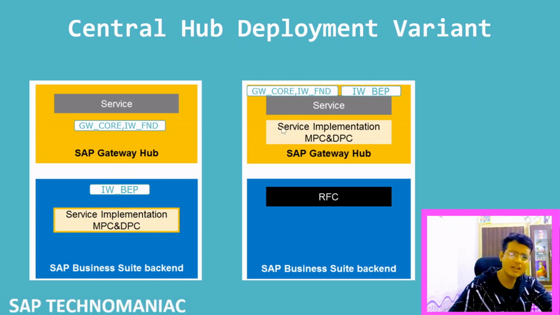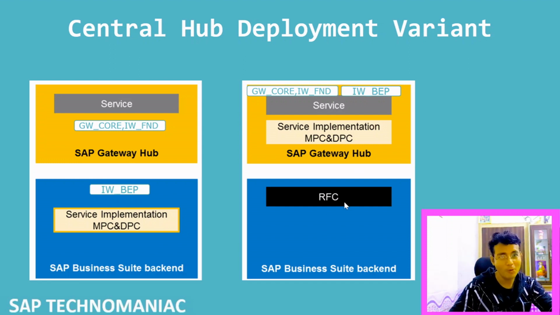This is also called central hub deployment, because they have to maintain one extra gateway system. But instead of developing their services in the backend system, they develop their services in the gateway hub system itself, and they use RFCs and BAPIs to get the data.